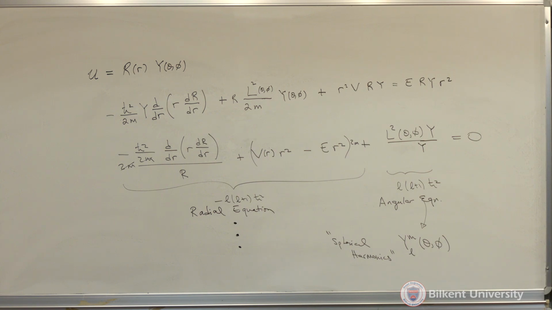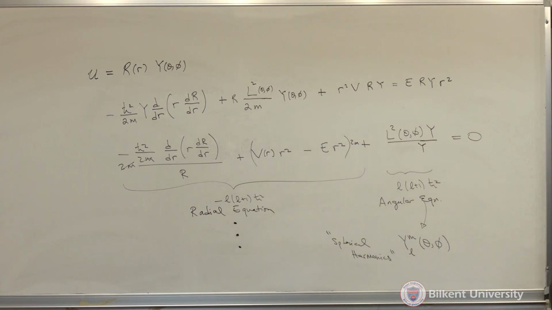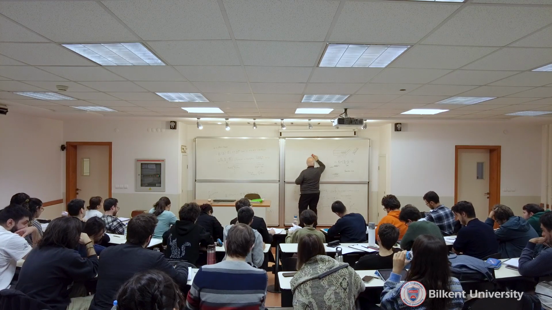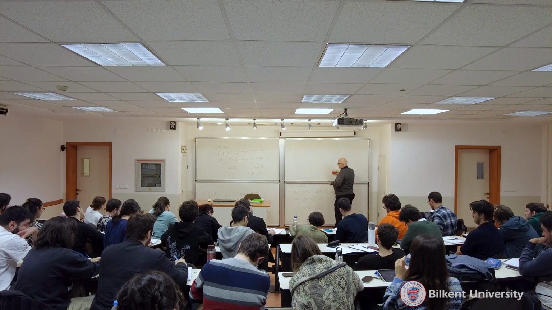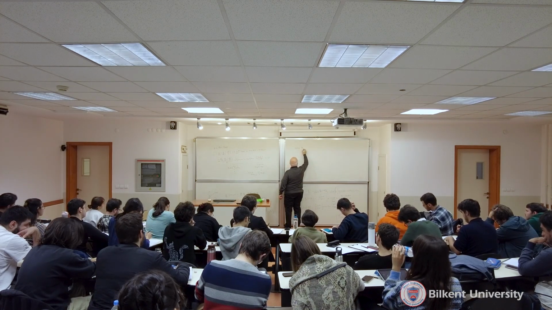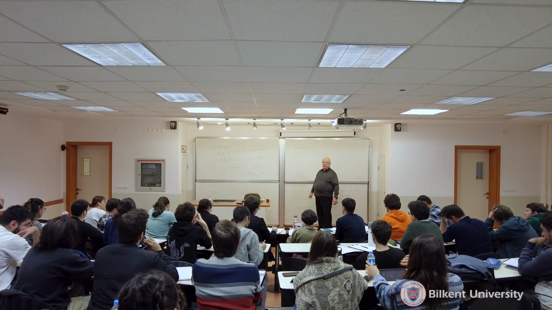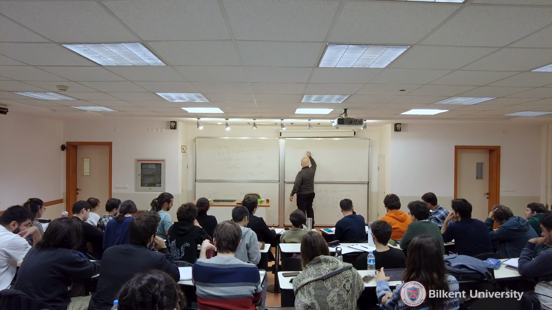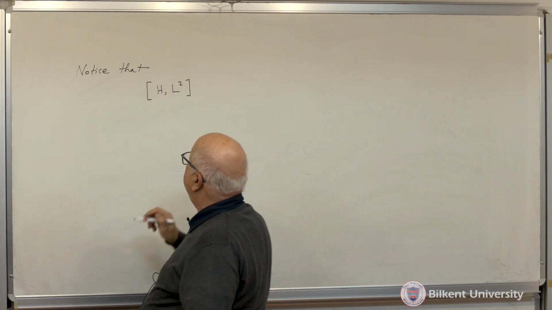Now one thing you can see immediately by looking at this equation is, notice that if I take the whole Hamiltonian, the whole H, and look at its commutator with the operator L squared, what do I get?